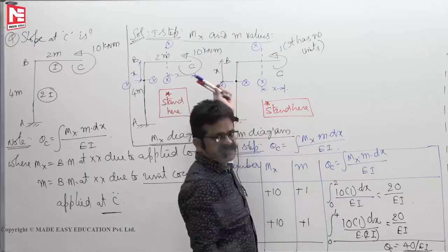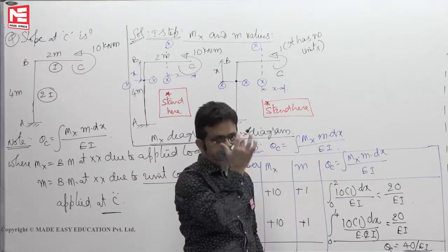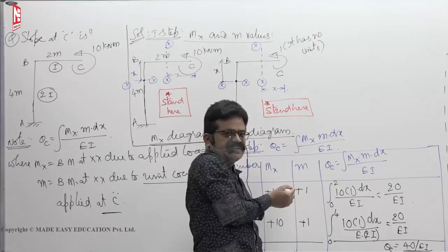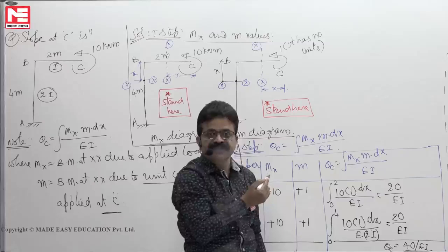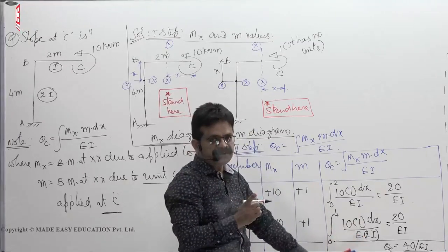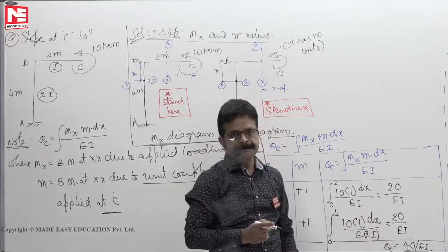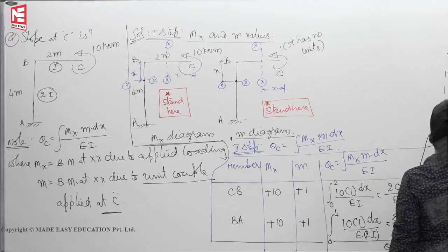Supposing the moment is at one place and you want to find rotation at some other place, the unit moment you have given, in that direction it acts if it is positive. Opposite to the direction of the unit moment, you get minus. Okay. So you get theta C is equal to 40 by EI.